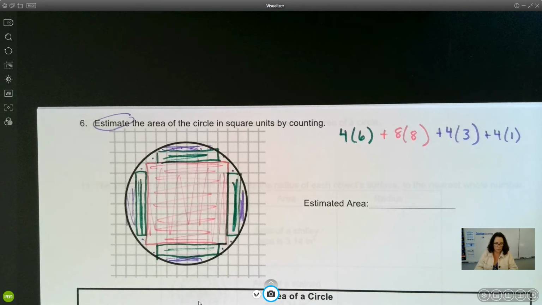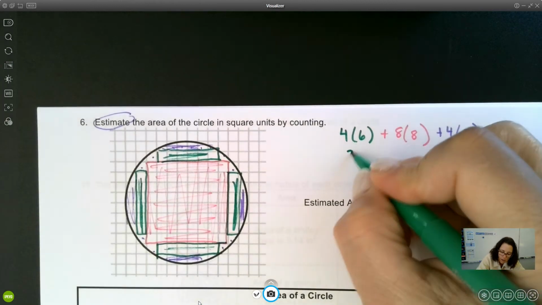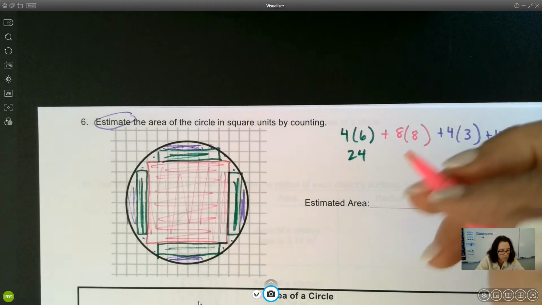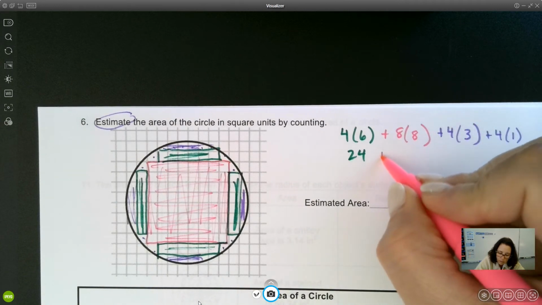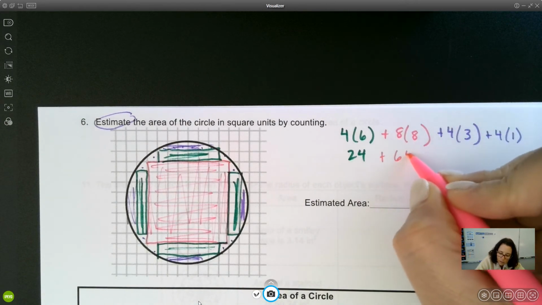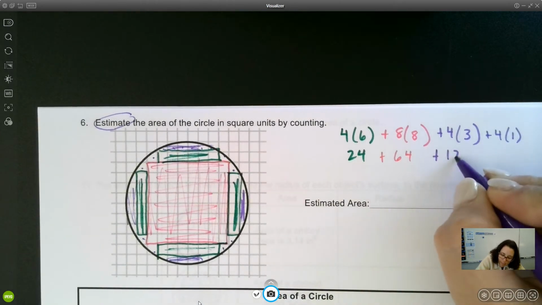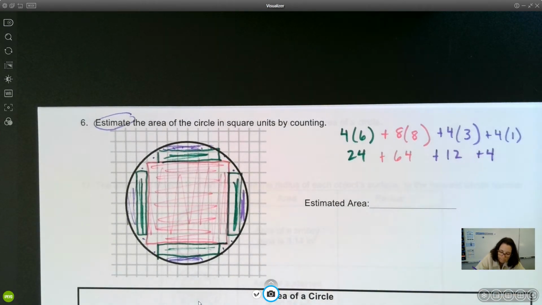Okay, so let's see what we've got here. We've got 24 plus 64 plus 12 plus 4. Okay, when I add these all up, 24 and 64 is 88. I get 104.